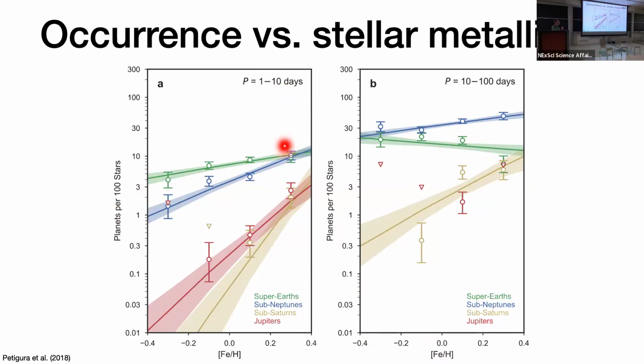The metal-rich stars do have more sub-Neptunes on average than low metallicity stars, but it's not nearly as strong as is observed for those giant planets, which may be another clue about the formation and evolution of those short period small planets.